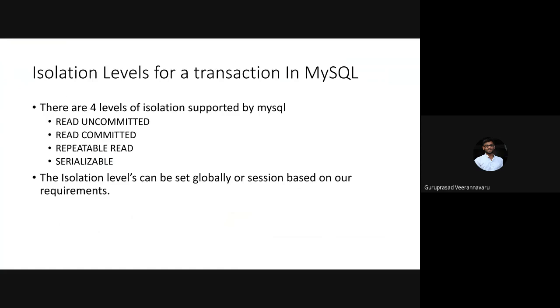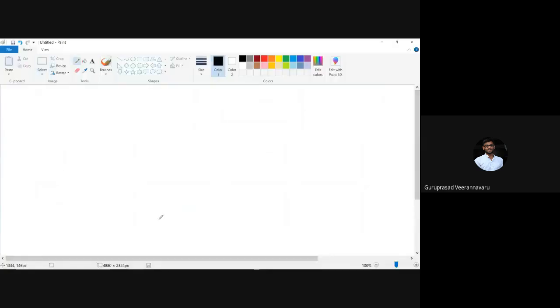Like, let's say I have one transaction, let's call it transaction A. I've started, and let's say I've updated the value of ID one, money. We were talking in terms of money in the previous class, right? Money to 1,000, but I've not committed it.